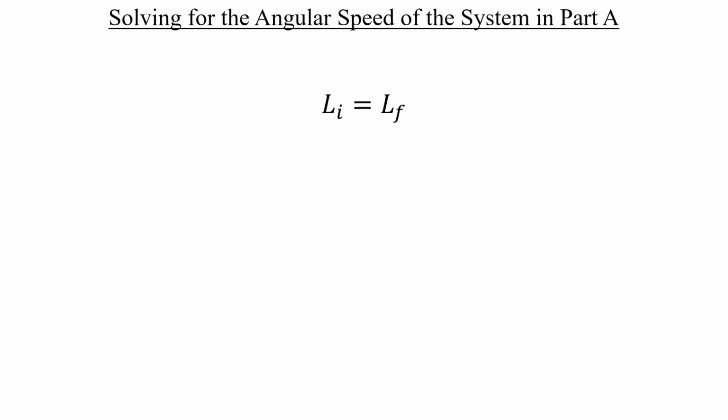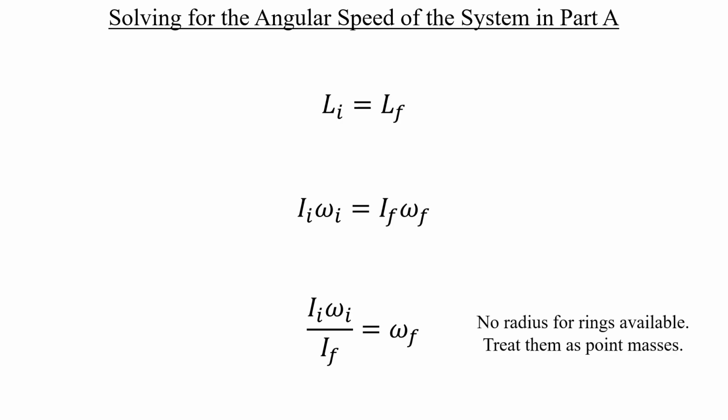I'll start by switching out L initial and L final with the I omega definition that we saw from earlier. And we can isolate omega final by dividing both sides by I final. For the moment of inertia expressions, the problem description didn't give us any information about the diameter or the radius of the rings, so our only option is to treat them like particles.